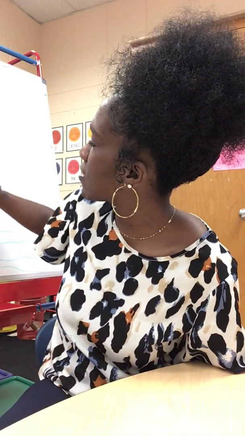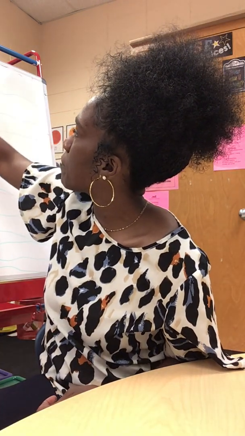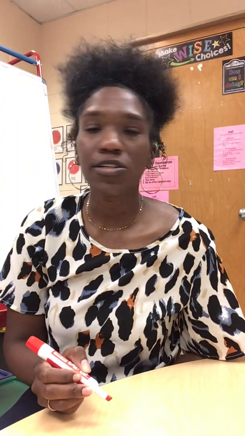Do I have any other June birthdays? Destiny, your birthday is in June? When is it? June 3rd. So we have Destiny here, June 3rd. Memphis, when is your birthday? February 11th. So we're going to give a star there for Memphis for February.